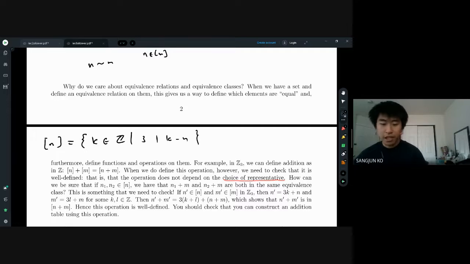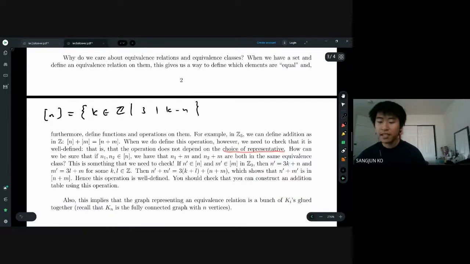If you have n prime and m prime in the equivalence classes of n and m respectively, then by definition n prime is equal to 3k plus n, and m prime is equal to 3l plus m for some k and l in Z. Then n prime plus m prime is equal to 3 times (k plus l) plus n plus m.